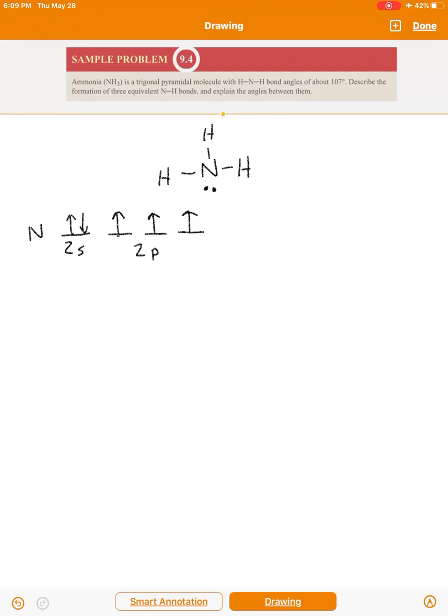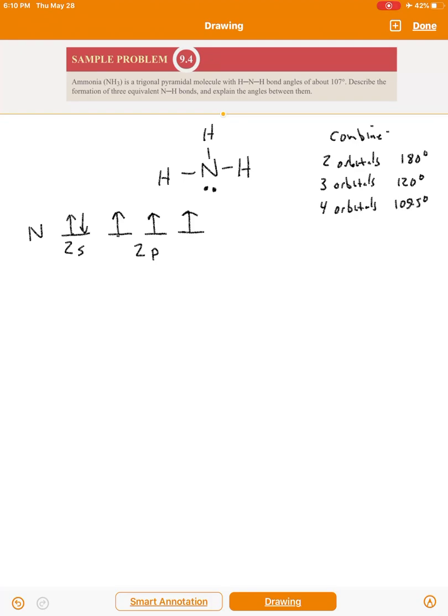And it turns out if you mix 4 orbitals together, you get an angle of around 109.5 degrees. Okay? So if you combine 2 orbitals, you end up with an angle of 180. If you combine 3 orbitals, you get an angle of 120. And if you combine 4 orbitals, you get 109.5.